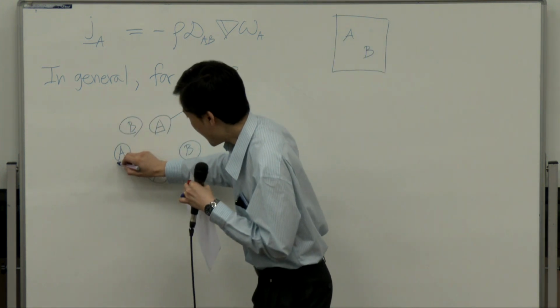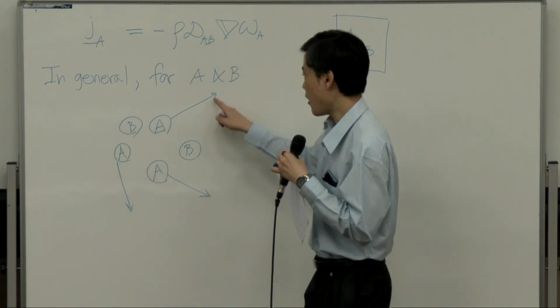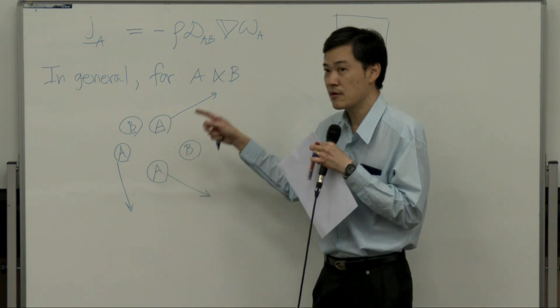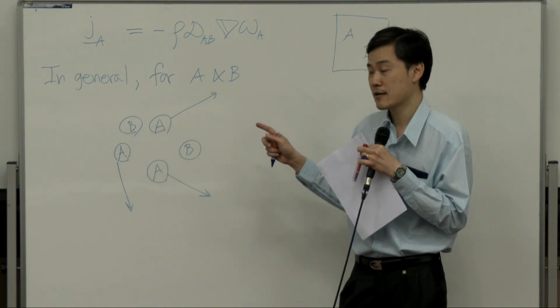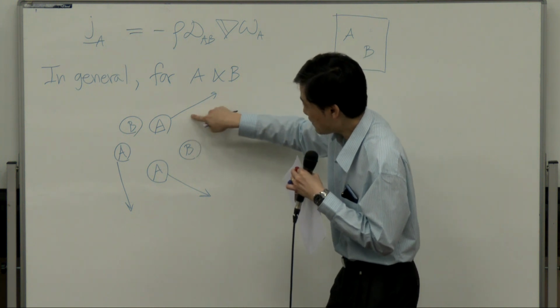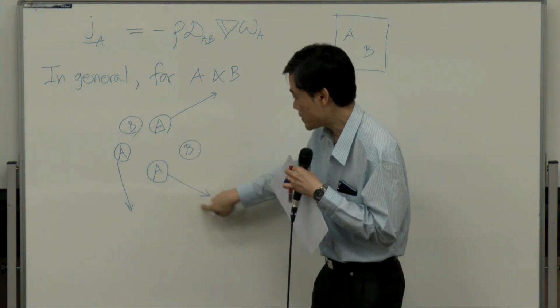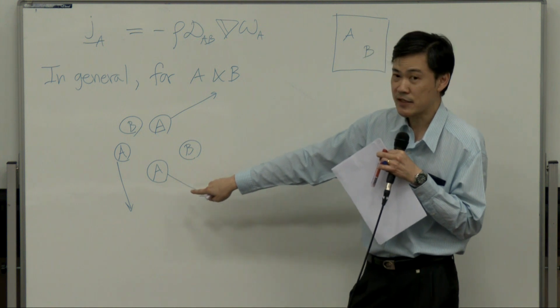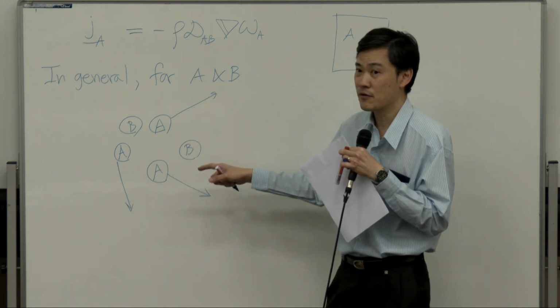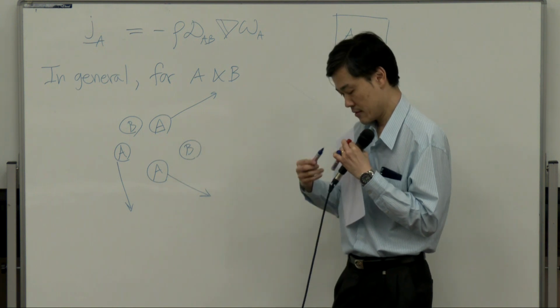This A may go this way. All directions may not be the same because each atom moves randomly. And also you have to consider that the velocity of this atom and velocity of that atom are not the same, okay? But in general, they are quite large.